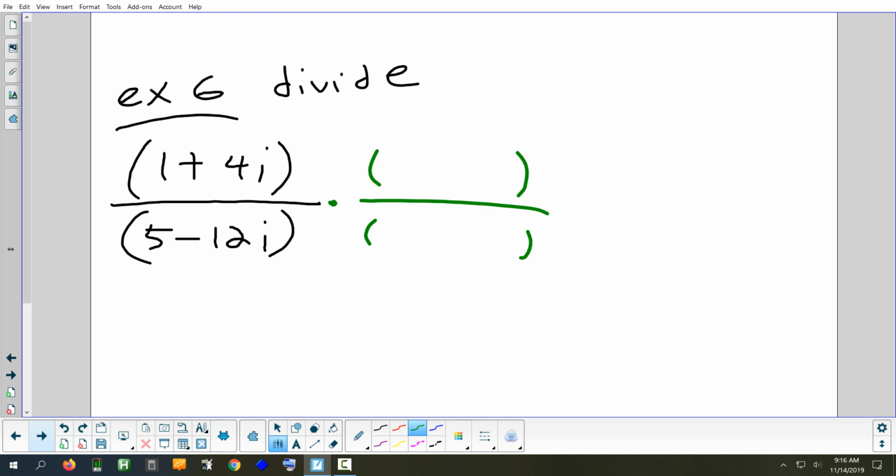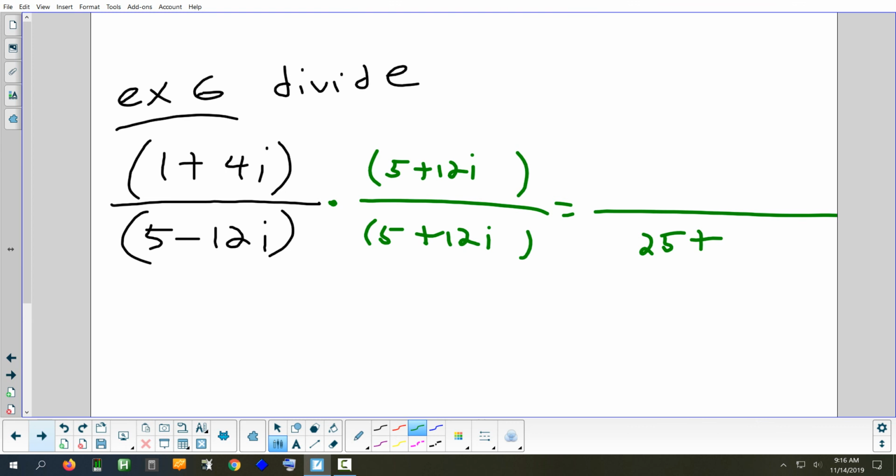So the conjugate is going to be what? Yeah. 5 plus 12i.